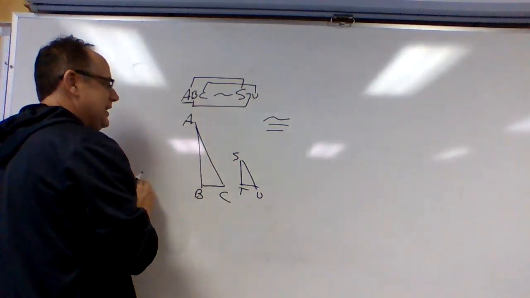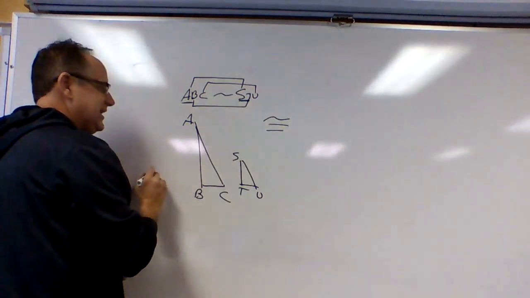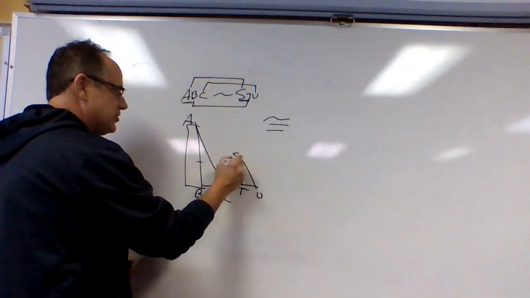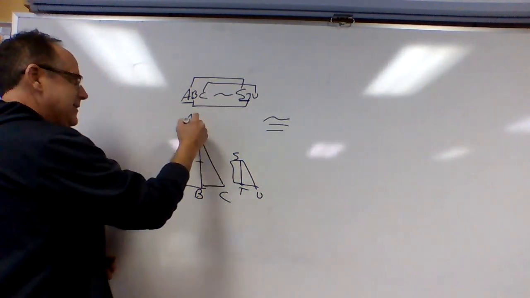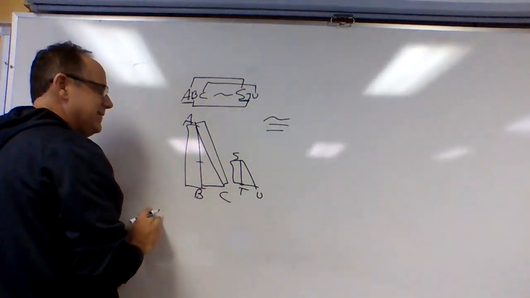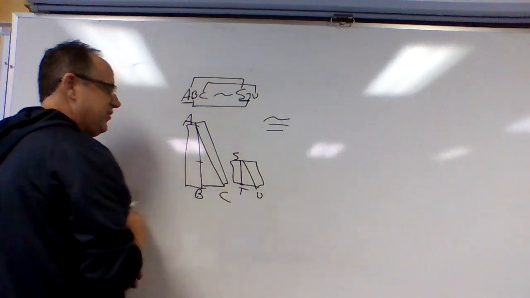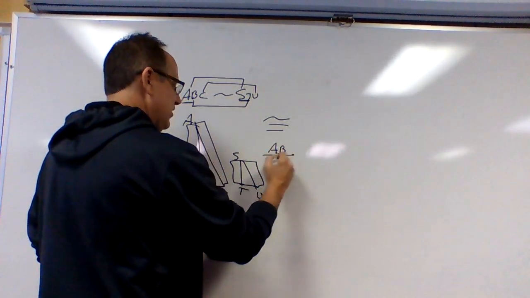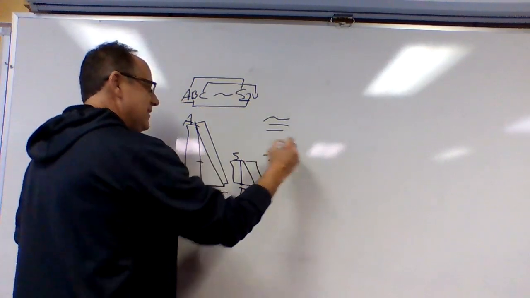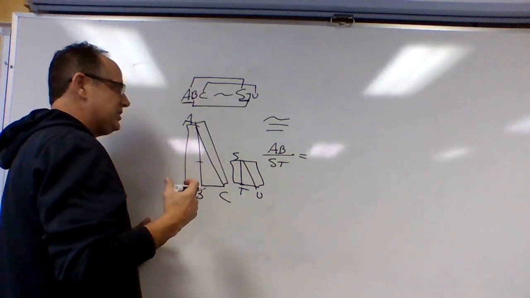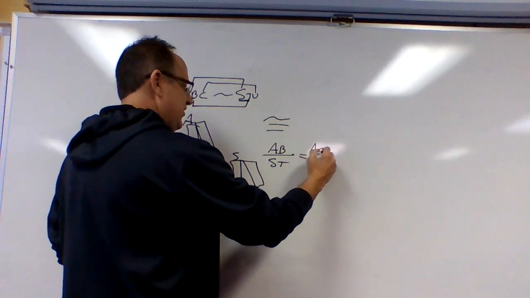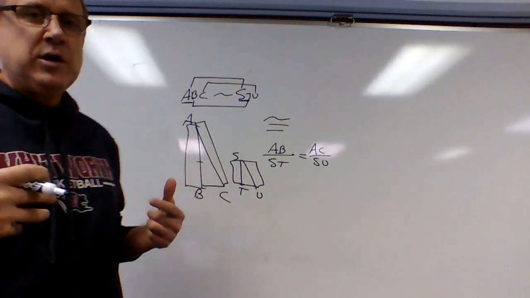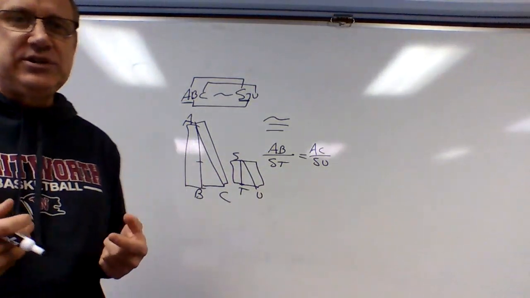AB would be proportional to ST. So this side, AB, would be proportional to this side, ST, as AC is proportional to SU. That's going to be an equal ratio as AC over SU. So those are going to be proportional ratios.